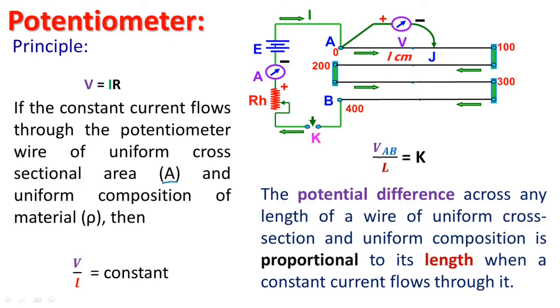Hence, V by L is equal to K. The potential difference across any length of a wire of uniform cross-section and uniform composition is proportional to its length when a constant current flows through it. In the next lecture, we will see uses of potentiometer which are based on this principle.